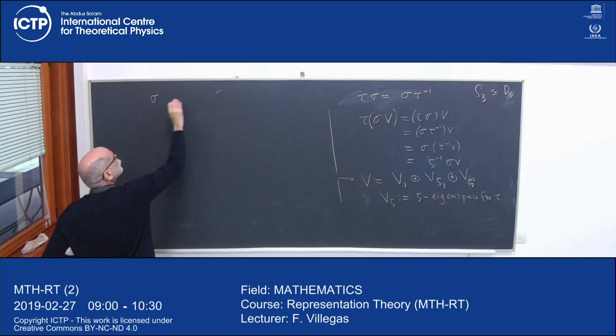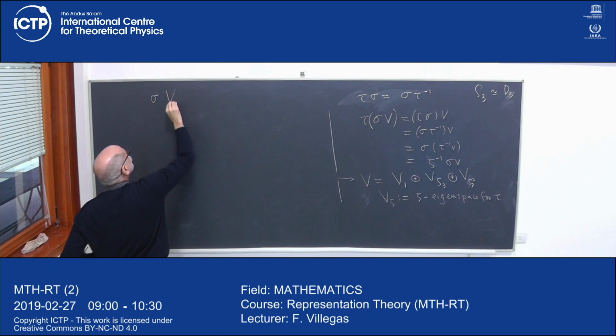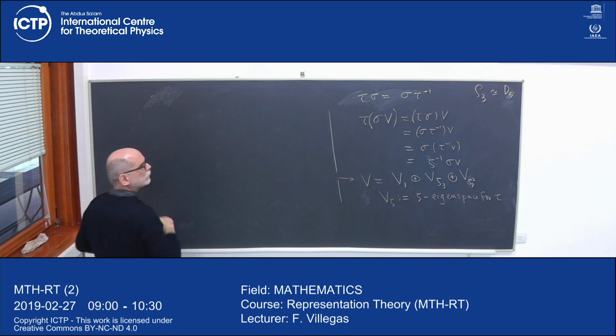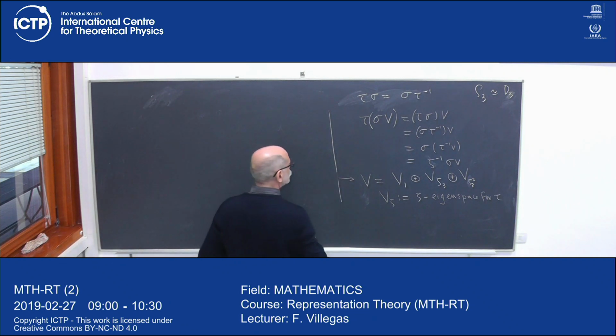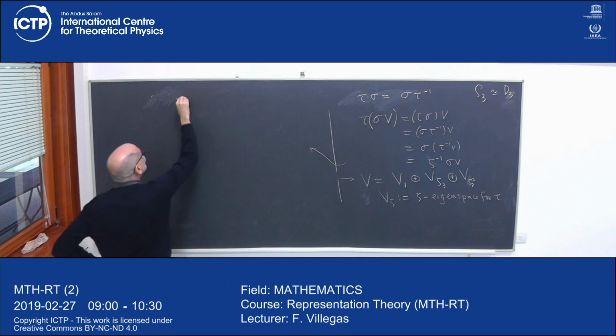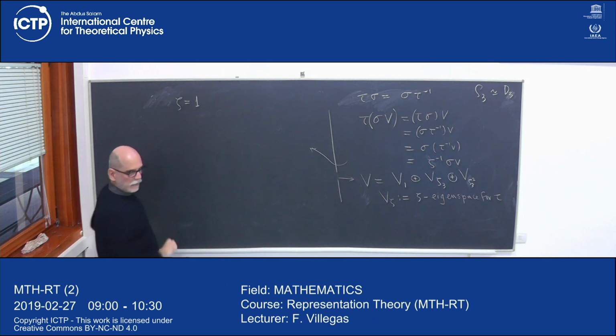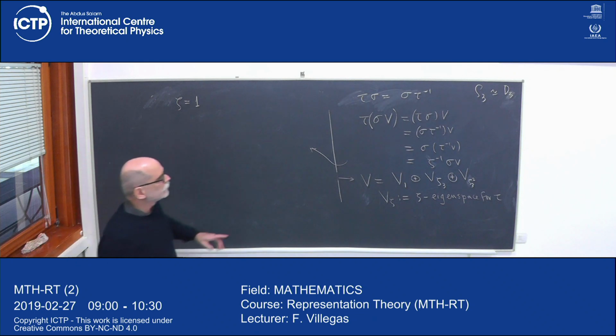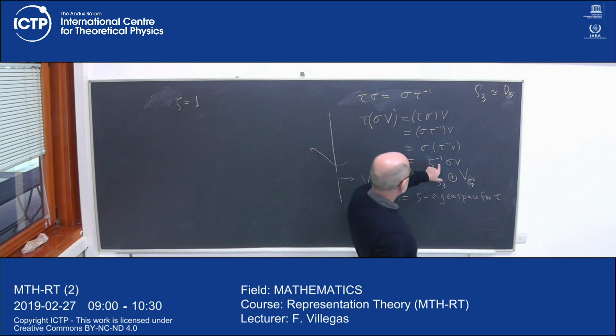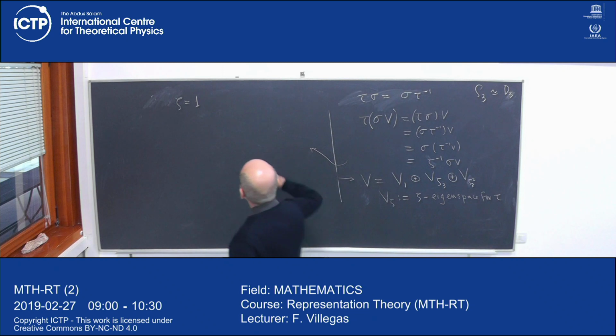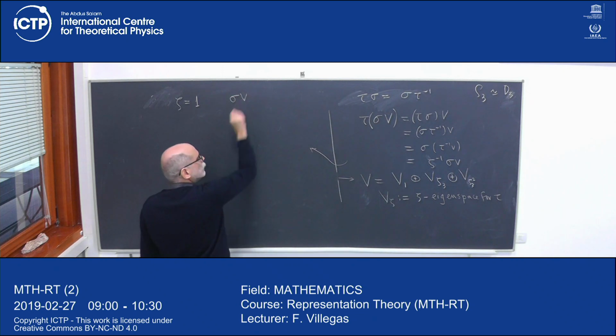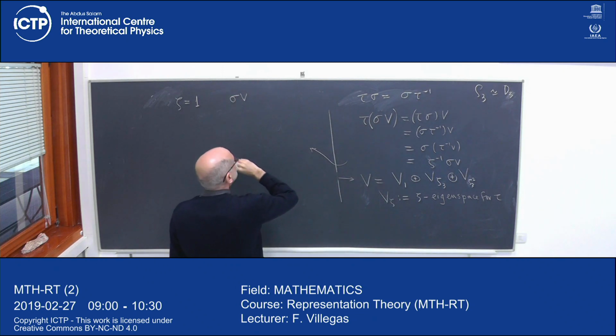If zeta in that argument is 1, which is one option, then zeta inverse is also 1. So that means that sigma V is also fixed by tau.